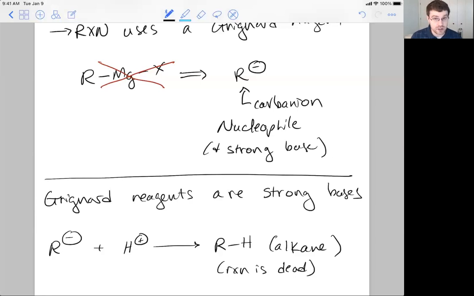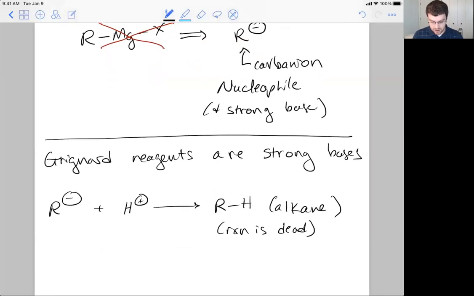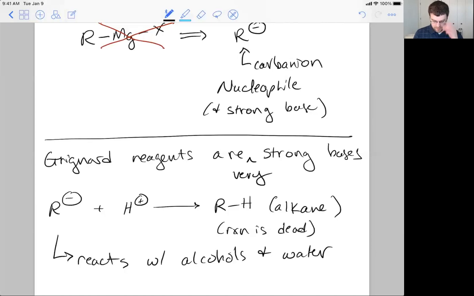Now, that's an issue because when I say Grignard reagents are strong bases, I should clarify they are very strong bases. They can grab H plus from really any acidic hydrogen source. So if you have water or alcohol present, they will react and form things that you don't want. When they react, it's generally been productive in this class, but this is not a productive reaction for us.